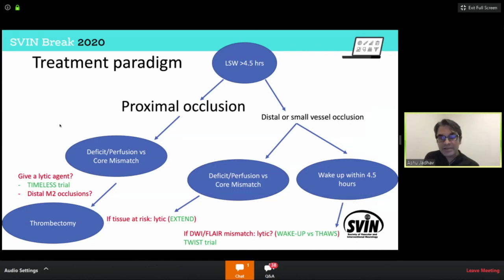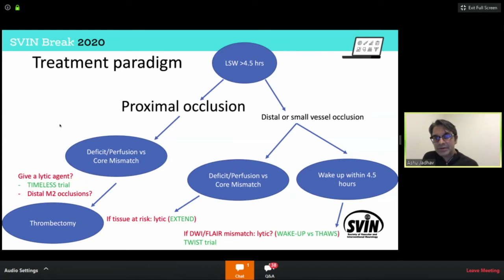Perhaps it makes sense for patients with distal occlusions, like a very distal M2 occlusion that you may not want to chase. But ultimately, these are patients who, for the large part, would undergo thrombectomy at most centers, irrespective of time, as long as there's target mismatch.